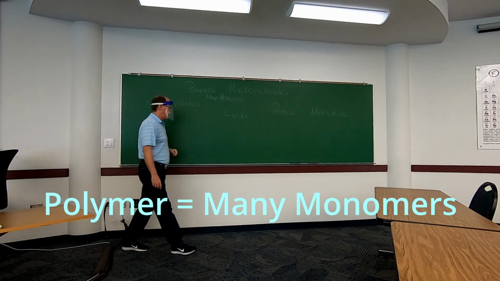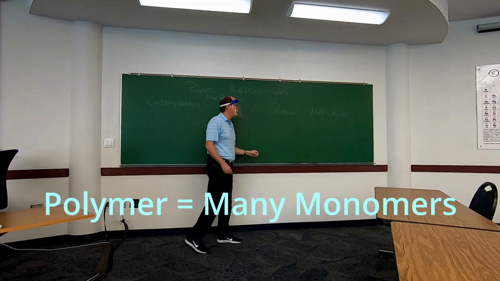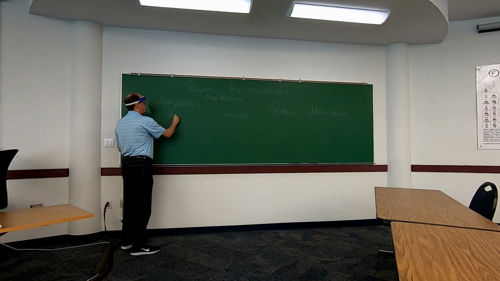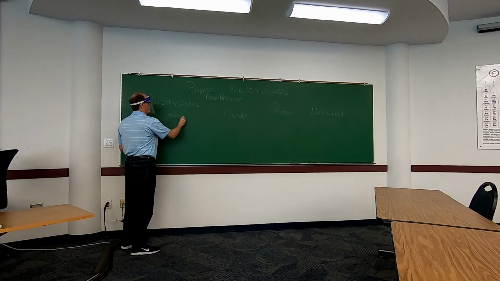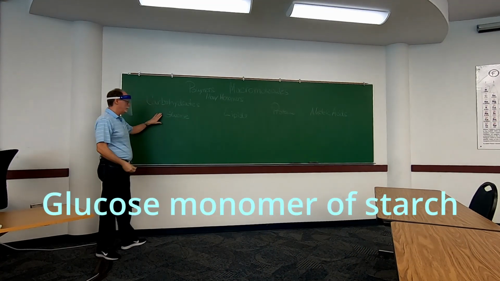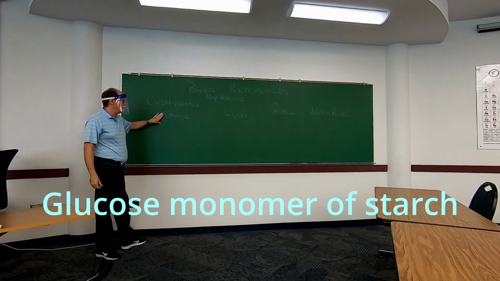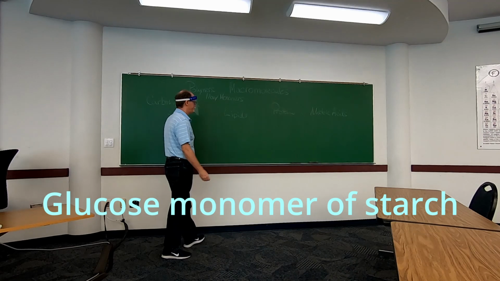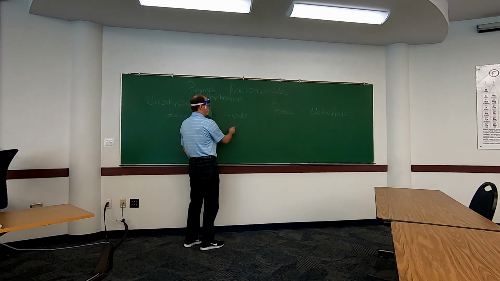And so I would expect you to know, like I might ask, what's the monomer for carbohydrates? At least for the examples I've given you, like starch, glucose is the monomer. If it's lipids, there's no specific monomer.